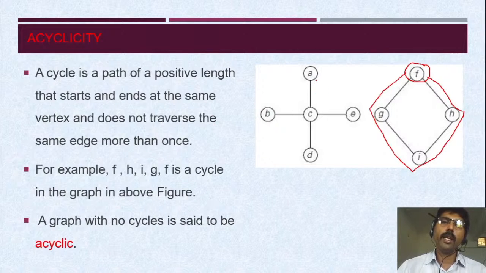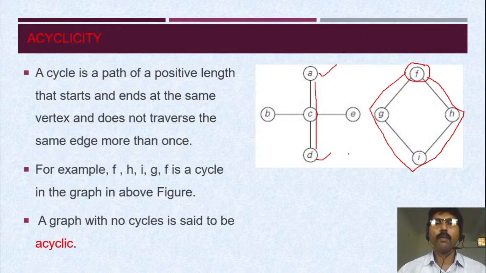For example, see here A to D. From A to D the path is not cyclic. Such paths are called acyclic paths because the path will create no cycles. Acyclicity is used in some applications like topological problems.